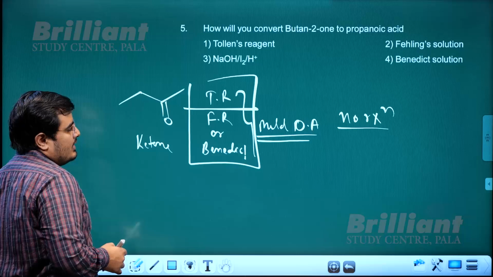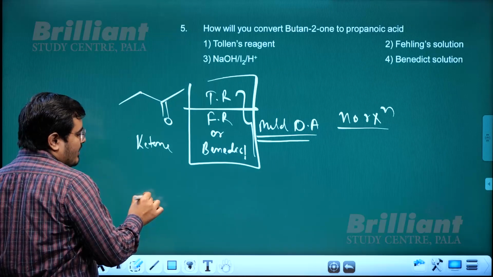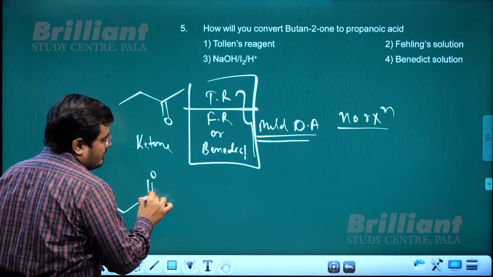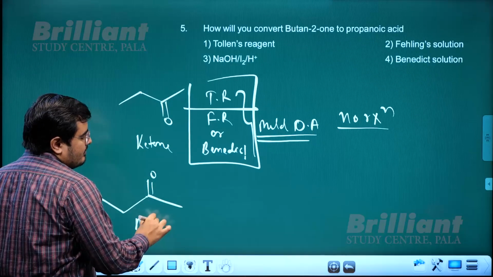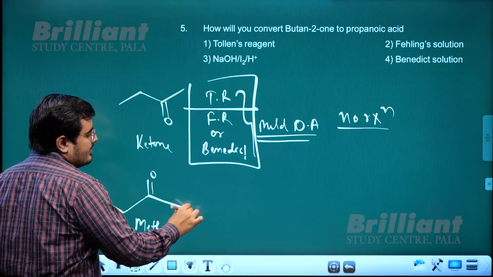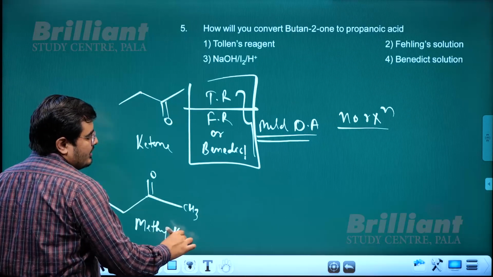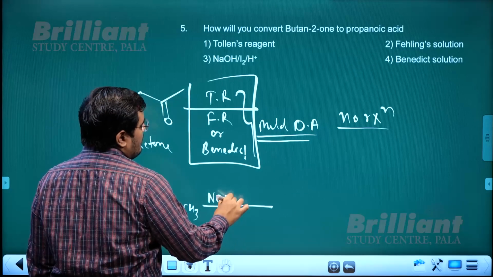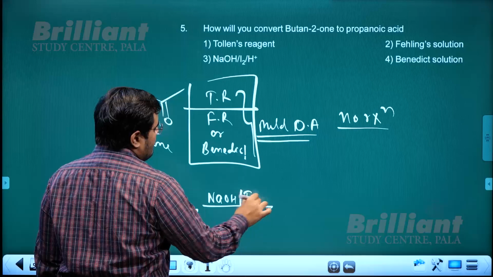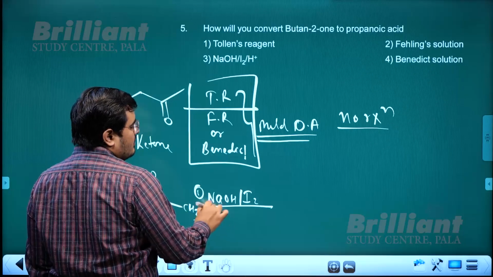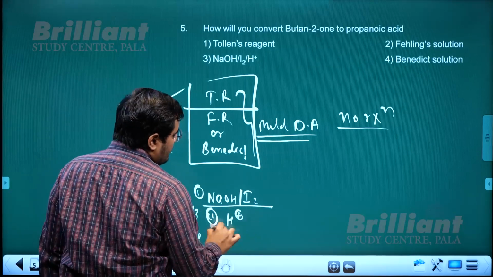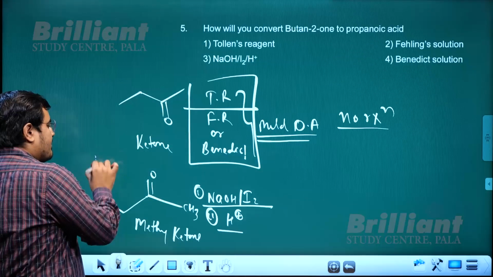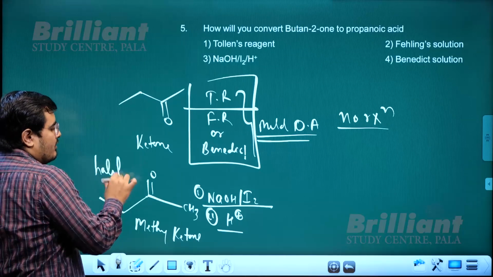If you observe one more thing clearly, then you will find out that butan-2-one can also be said to be a methyl ketone. It has a CH3 group attached to it. Now if I am treating it with NaOH and I2 and later by protonation, then you should understand that this is a methyl ketone and it is capable of undergoing haloform.